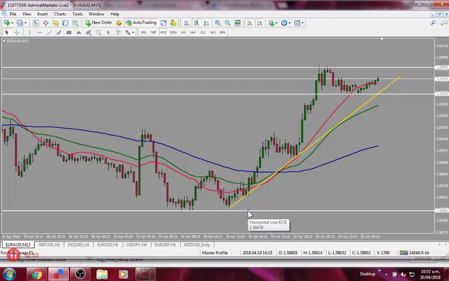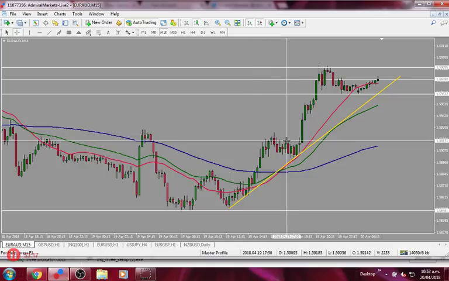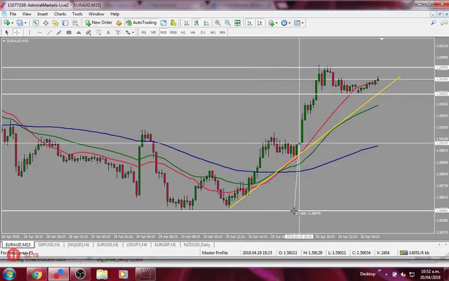So I would always recommend to only engage in trades when your target is further away than where you would have to set your stop. So if you feel you would need to set your stop down here, then your target and this stop would be, say, from this point here, 66 pips.